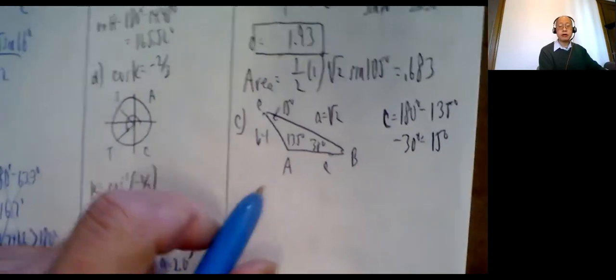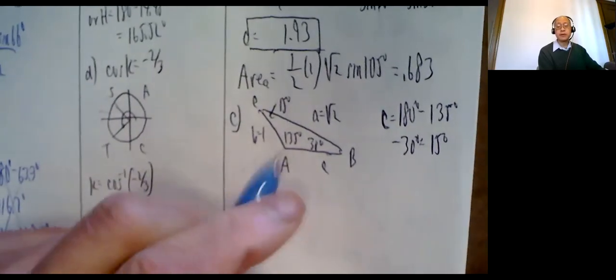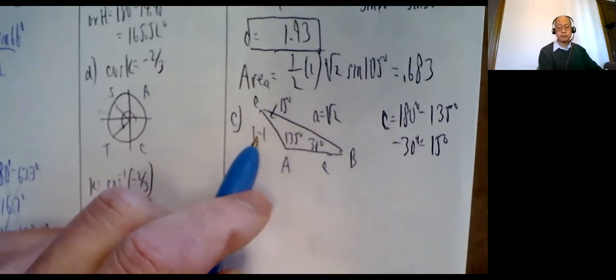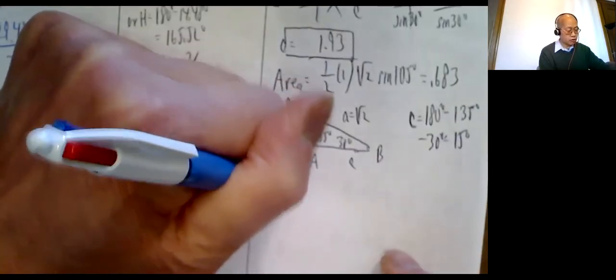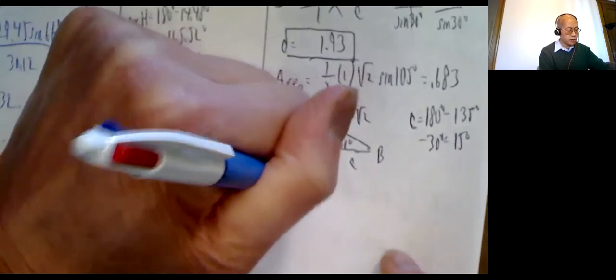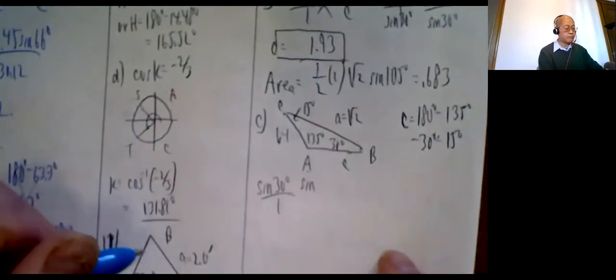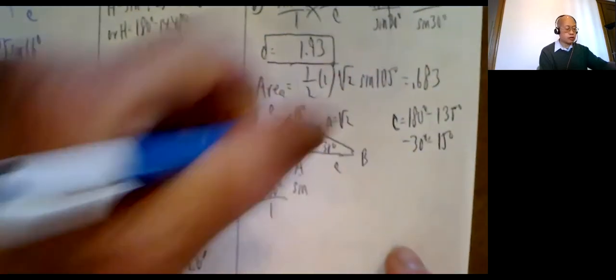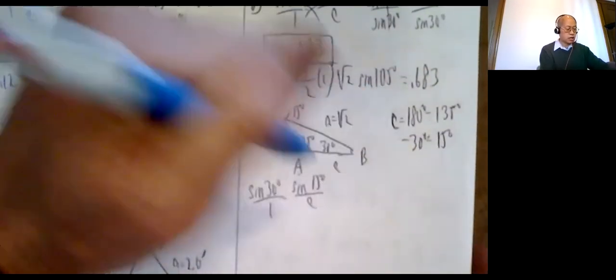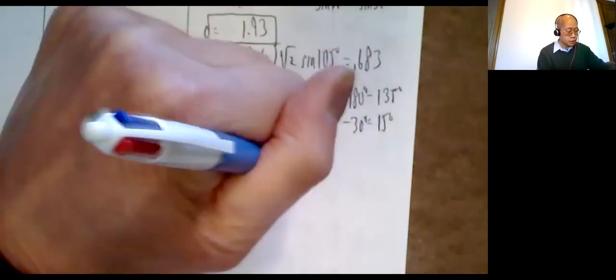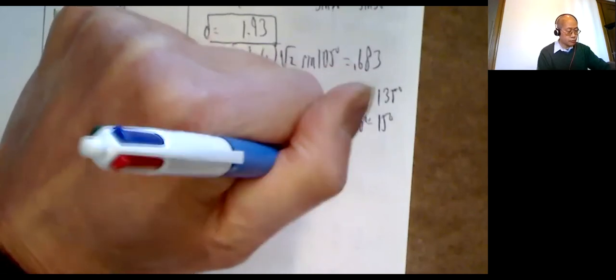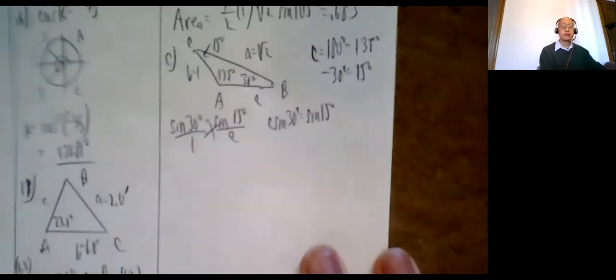Okay, so how about sine of what? Sine of B over B. I might as well use 1, makes the calculation easier, right? Sine of 30 divided by 1 equals sine of C over C, 15 degrees divided by C. Cross multiply. C sine of 30 equals sine of 15 divided by sine of 30.